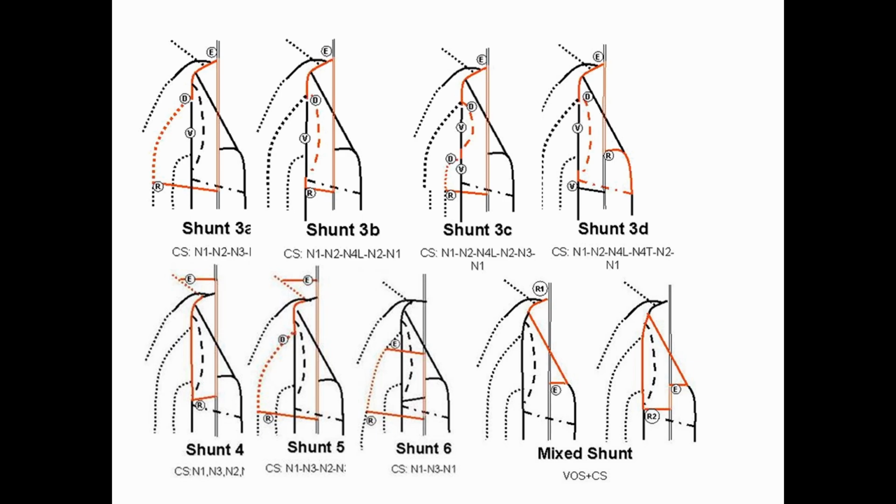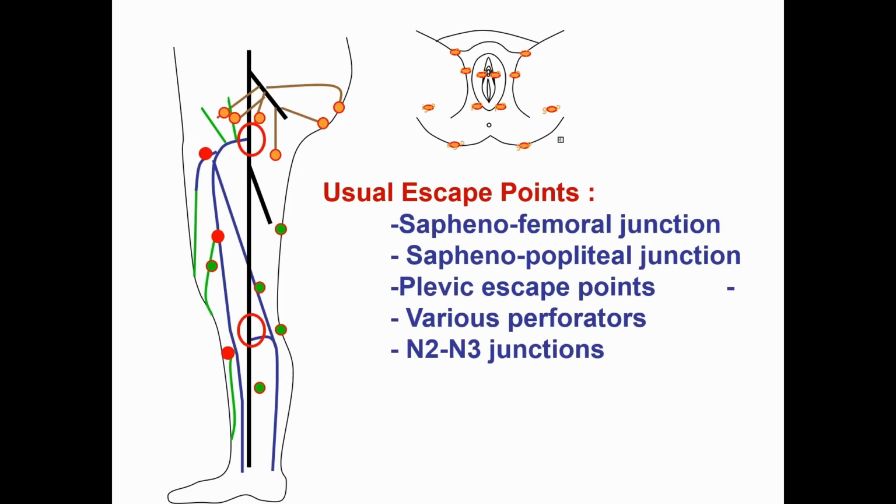I don't describe them precisely here. They will be described by the other lectures. The usual escape points are the saphenofemoral junction, the saphenopopliteal junction, pelvic escape points, perforators over here, and N2 and 3 junctions here, like here, like here, like here.